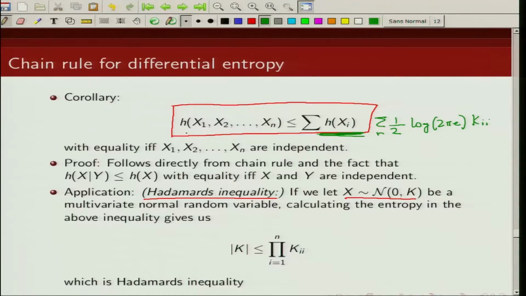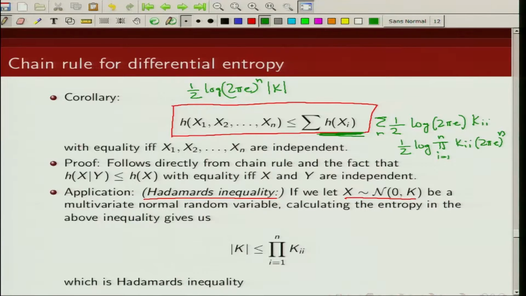Whereas this differential entropy is of the form half log of 2 pi e raised to power n determinant of k, and the sum of the individual terms can be written as half log of product from i equal to 1 to n of kii, with the 2 pi e raised to power n term here.